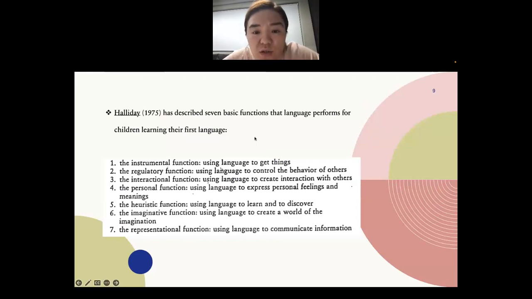He says that the instrumental function is using language to get things; the regulatory function, using language to control the behavior of others, by crying maybe; the interactional function, using language to create interaction with others; the personal function, using language to express personal feelings and meanings; the heuristic function, using language to learn and to discover; the imaginative one, using language to create a world of the imagination; and the last one, the representational function, using language to communicate information. You see, which also supports the CLT here.